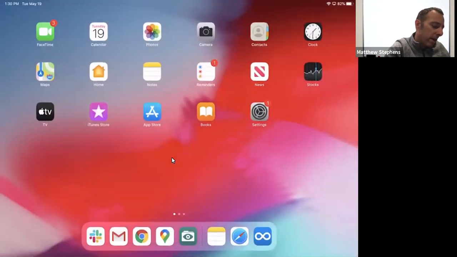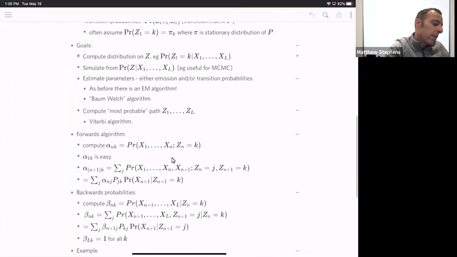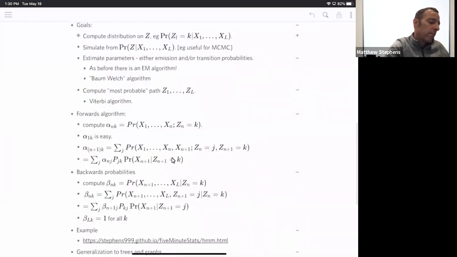Okay, so let's just look at the math. This is called the forwards algorithm. So here it is. You define alpha nk to be that probability I just gave you a visual on. It's the probability of the data up to n and Zn equals k. So there are going to be capital K of those probabilities you have to keep track of.